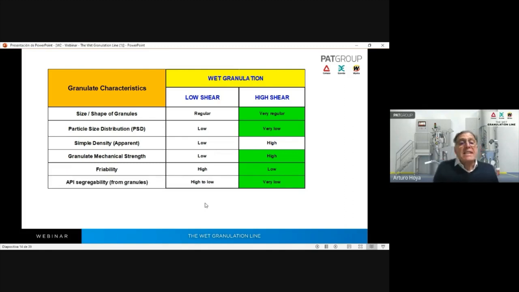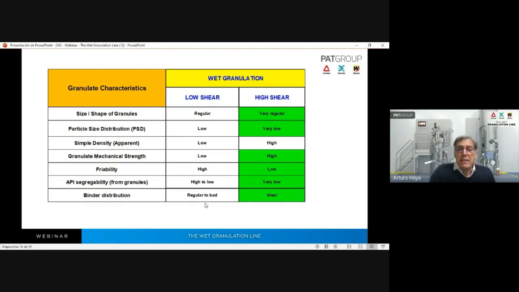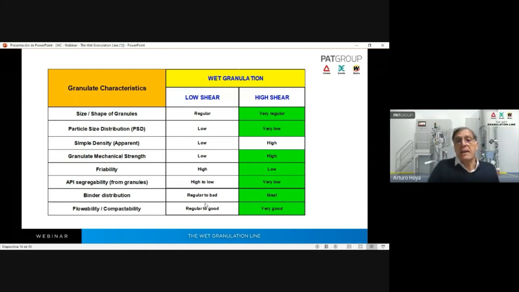The API segregability from granules is high to low in low shear and very low in high shear. This is because of the high forces that the impellers apply to the granules, the API is fixed to the granules and does not move freely. But the distribution is regular to bad in low shear and ideal in high shear.